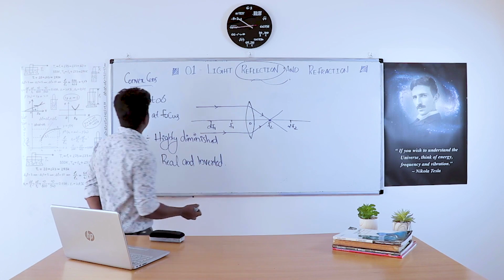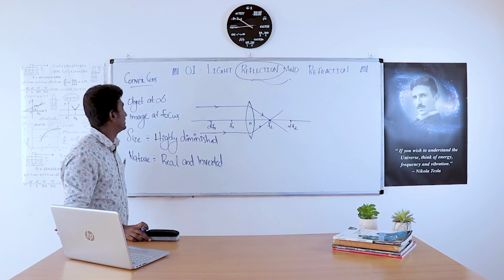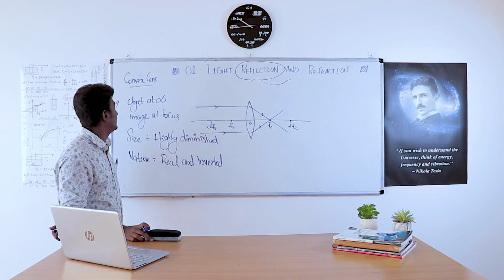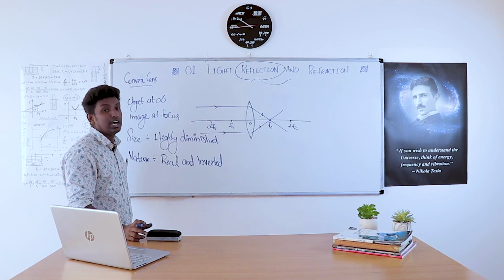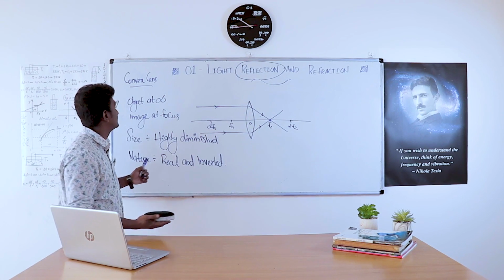So the first case is object at infinity, then the image is formed at focus, size of the image is highly diminished, and the nature of the image is real and inverted. This is the first case.